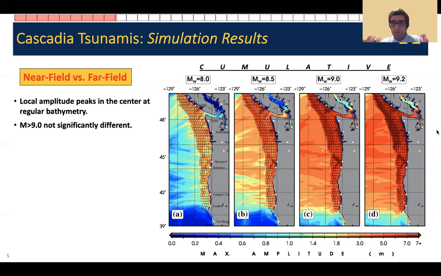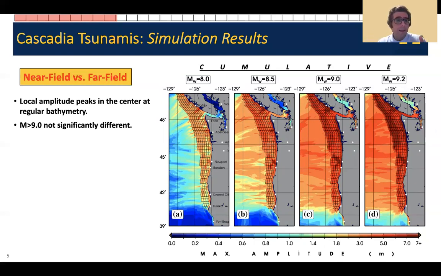Now, an interesting feature in all of this is that local amplitude peaks do exist in central latitudes in the absence of irregular bathymetry. Cascadia is known for having more or less uniform bathymetric slopes as you approach the coastline, with a couple of exceptions.